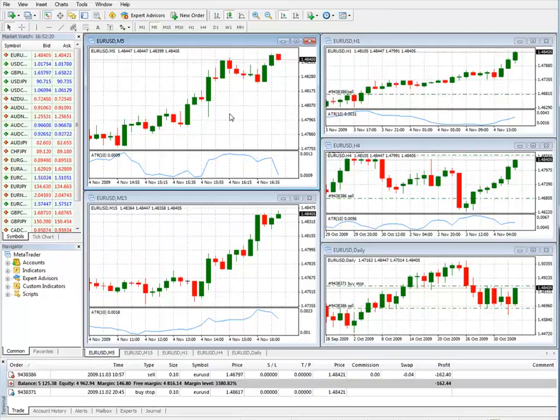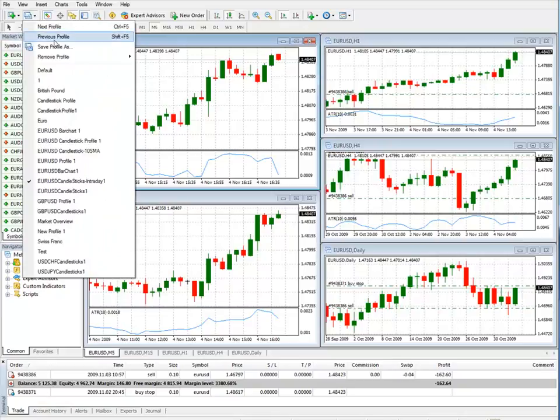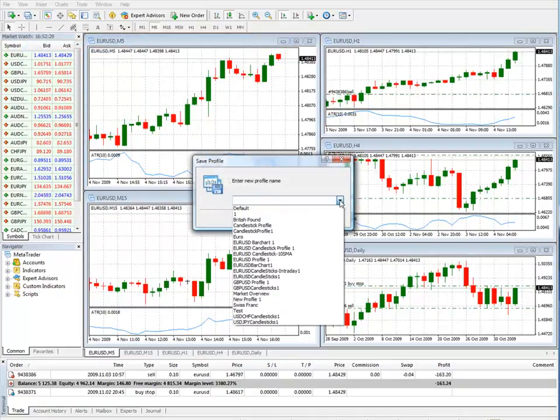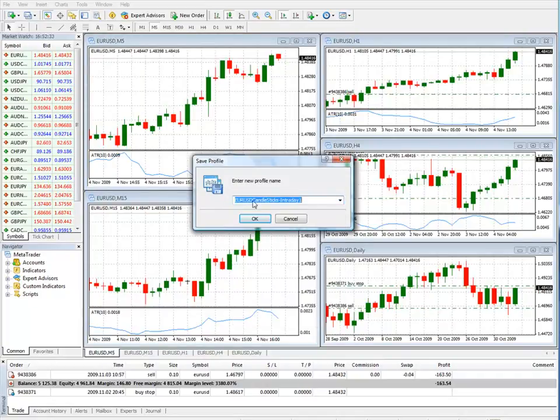Now, what I'd like for you to do here is go to profiles again and save profile as. You can pop this up here, but we don't want that name. We actually want USD CHF. So we're interested in the dollar Swiss franc.